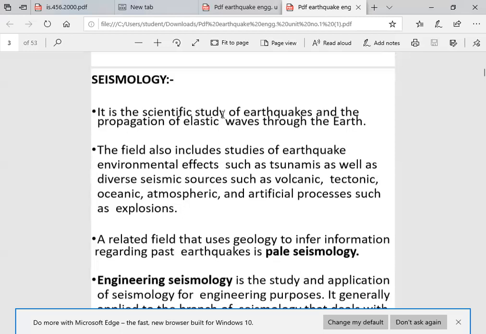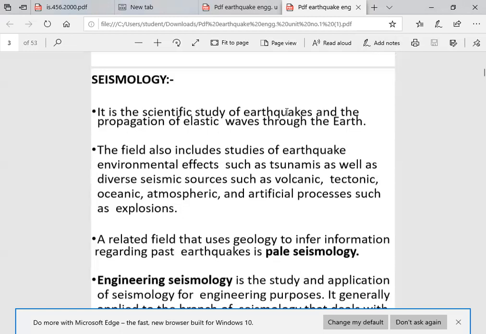And surface waves are created on the surface of the earth crust. That is what we call the propagation of elastic waves through the earth. Okay, that is the study of earthquakes.